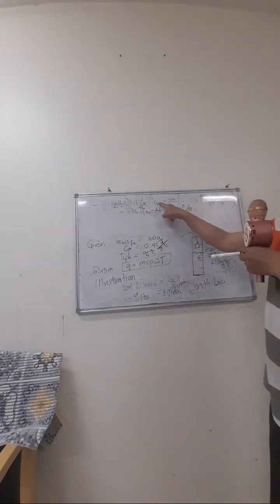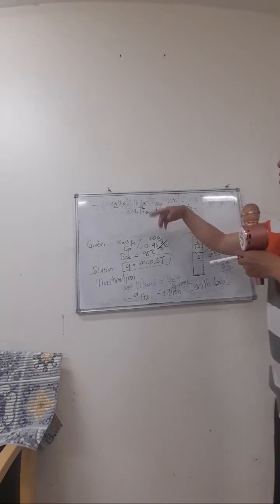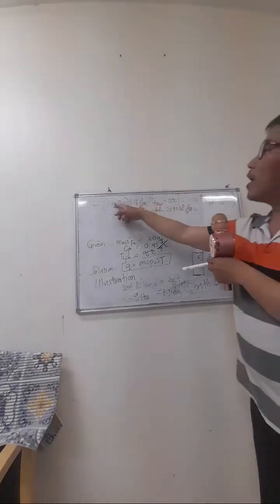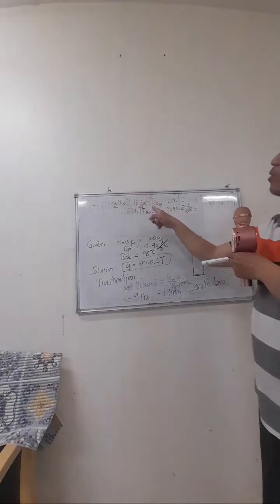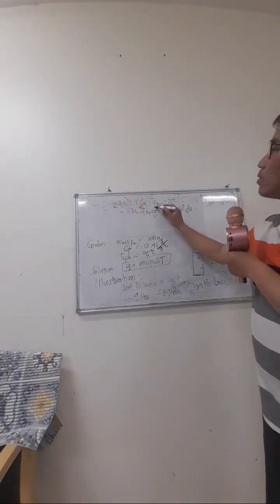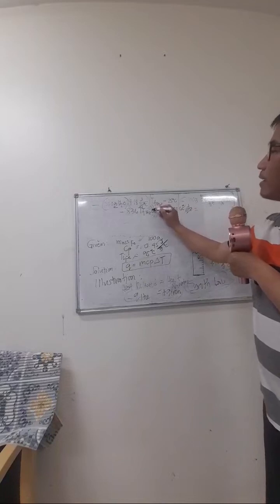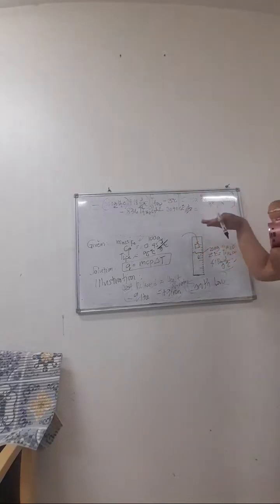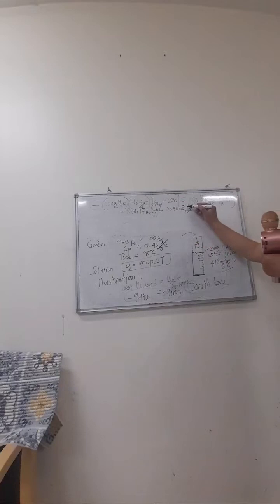Celsius times one over Celsius, cancel Celsius. Grams times joules over gram, cancels grams. So joules remain as the unit here, and here also joules, because the same units are involved.